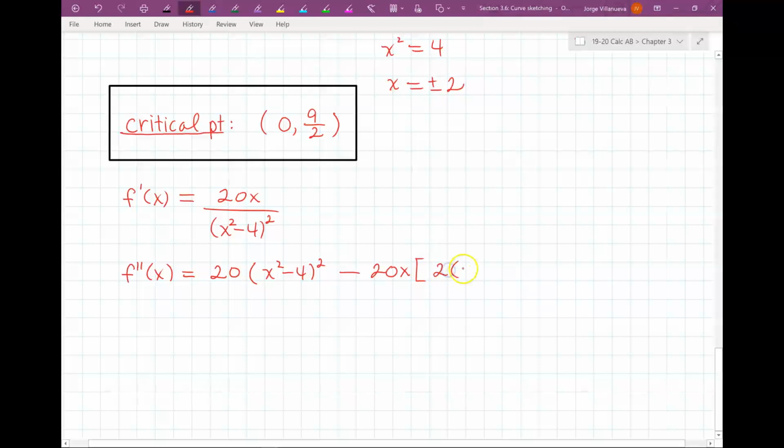That'd be a 2 times (x squared minus 4) to the first power times the derivative of x squared minus 4. That's 2x. And there's the derivative of the denominator. So 2 times (x squared minus 4) times 2x. All of that is going to be divided by (x squared minus 4) to the fourth, because it's a squared squared.